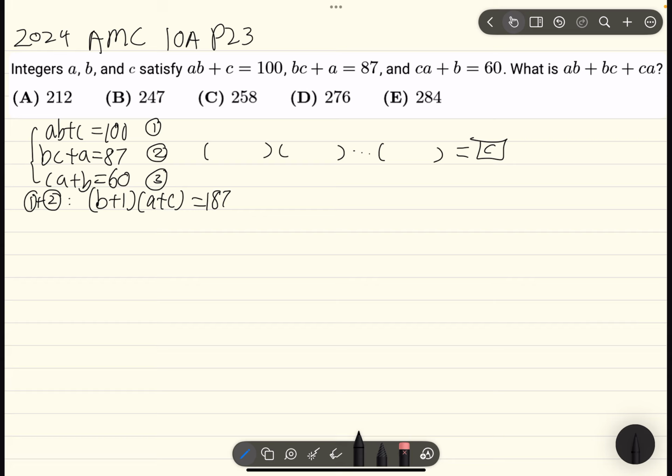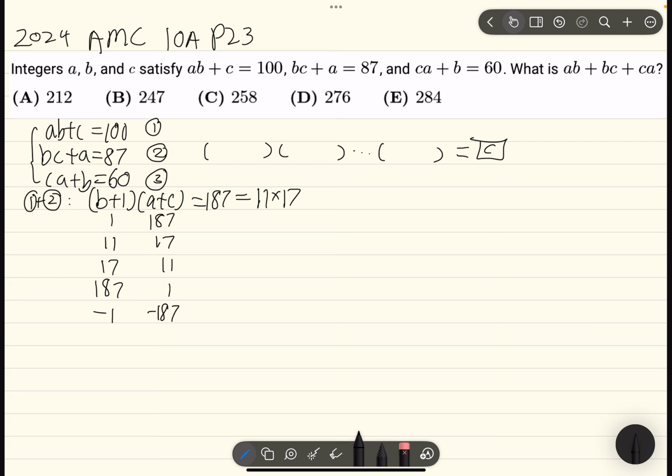Okay, so that is clearly what we want here. We want the product of 2 things equal to a constant, and 187 is pretty easy to factorize. That's just 11 times 17. Straightforward. So this is either 187, 11, 17, 17, 11, 187, 1, or all the negative numbers here.